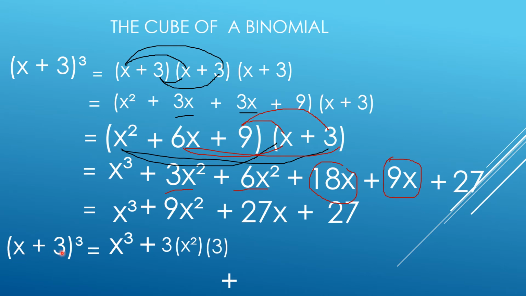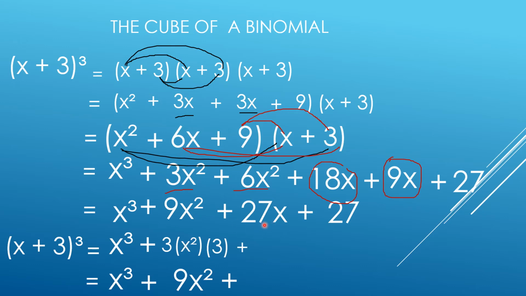And then times 3 here. So that is times 3. Okay? Let's check if it's equal to 9. So copy first x cubed. So 3 times 3, that is 9. Then times x squared, that is plus 9x squared. Okay, so it's correct.